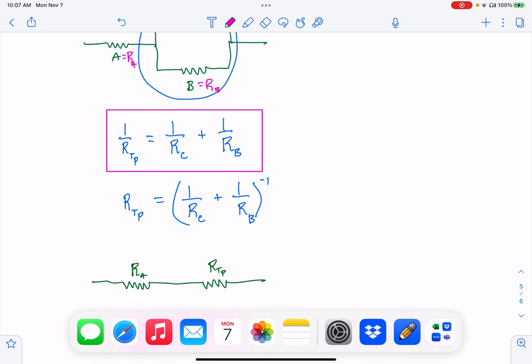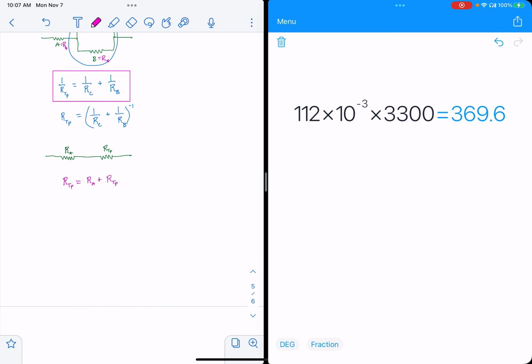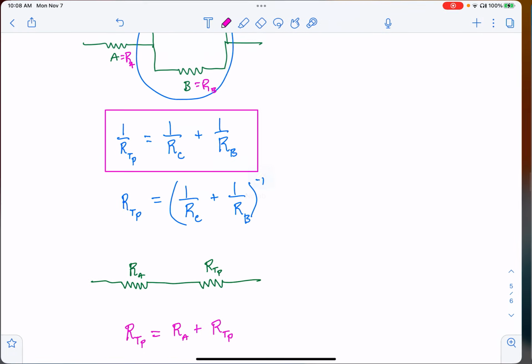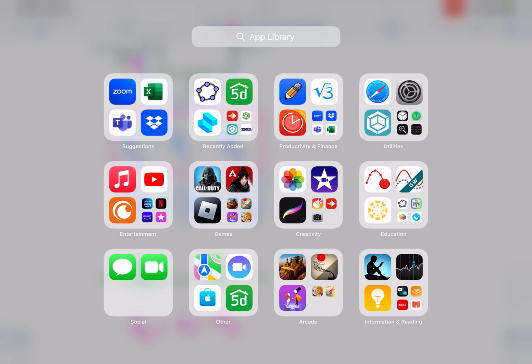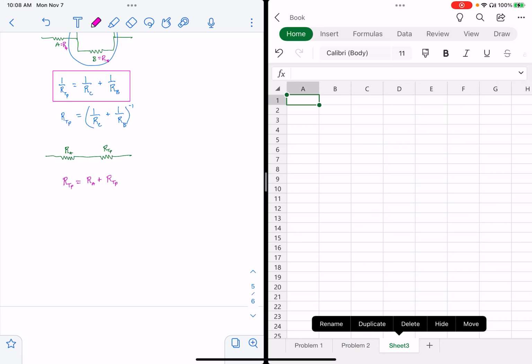I am going to use this calculator this time. Should I do this in Microsoft Excel or should I do this here? I believe you already know how to calculate this and have the competency to do this. So what I'll do is I'm going to do this in Microsoft Excel, because that should add to your skill set.